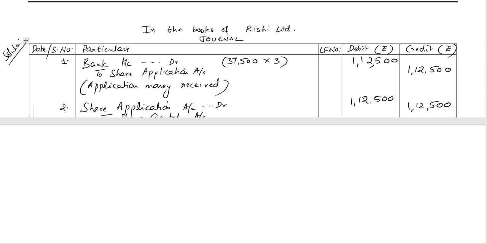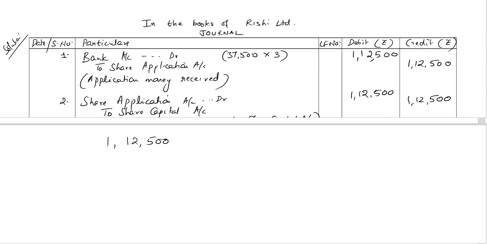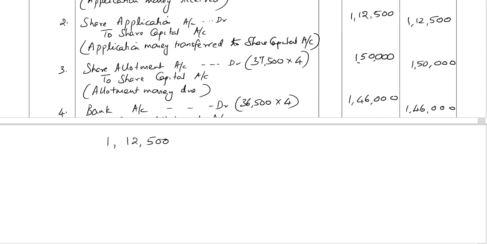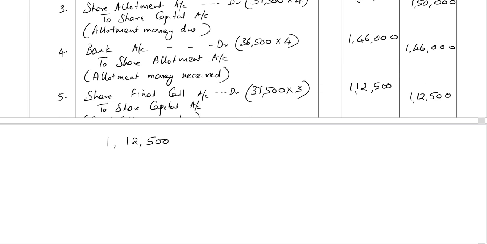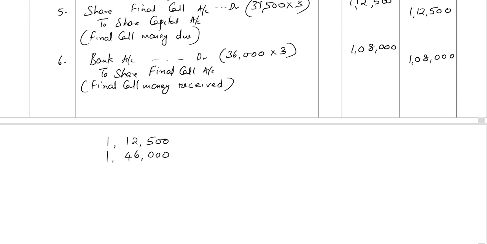The first one was the application money received, which is 1,12,500 rupees. The next bank debit is in the fourth journal entry, 1,46,000 rupees. And the final bank debit is 1,08,000 rupees.